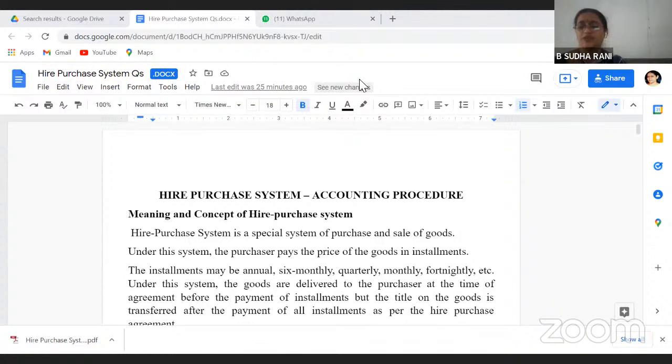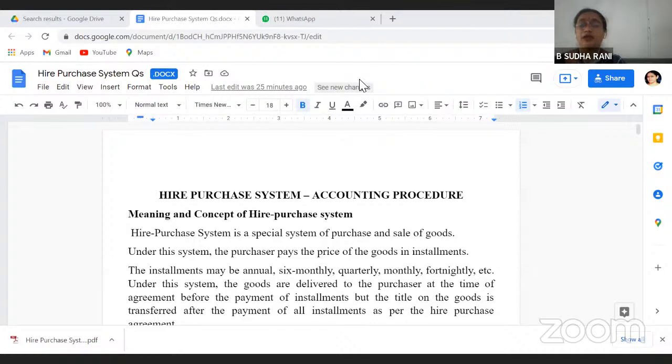The ownership from the seller to purchaser is transferring on the day itself, and you are only paying the price of the asset in installments. When the ownership is transferred immediately, you have no right to return it in between, and at the end of the period also you cannot return.